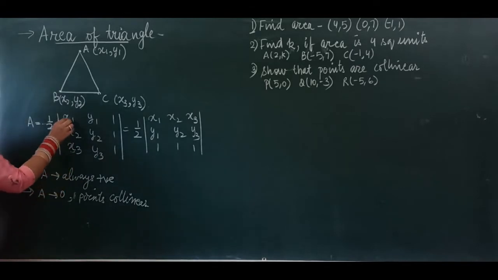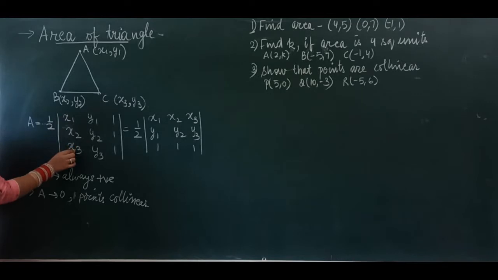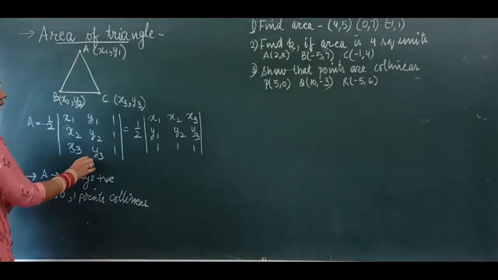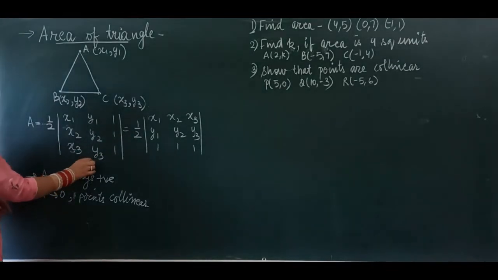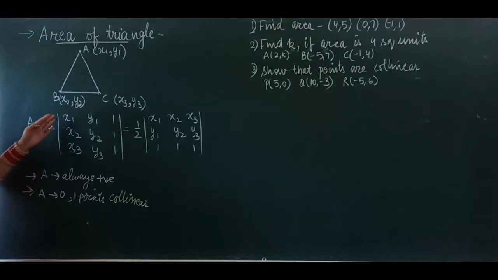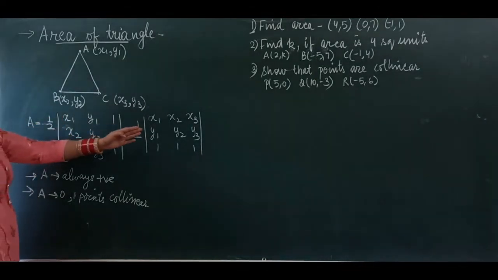So let's see, I have put the x coordinates in column 1, the y coordinates in column 2, and in column 3 there are only 1s. I can write the determinant in this form, or I can write the determinant in row form also. Here I have simply converted the columns into rows.